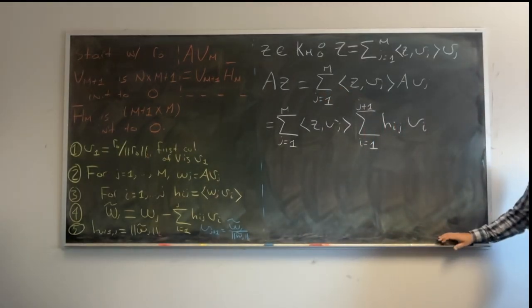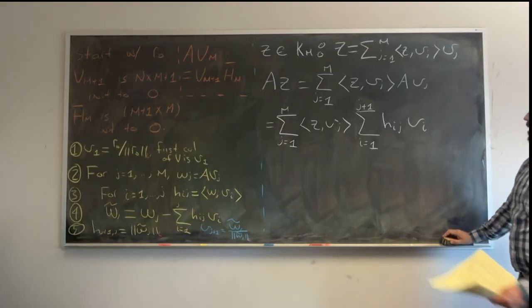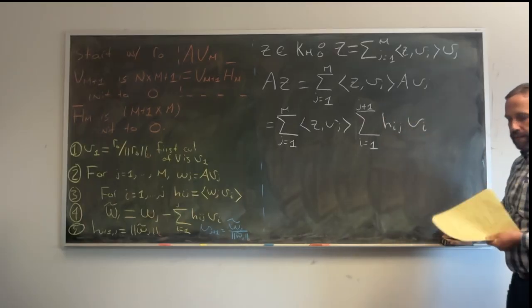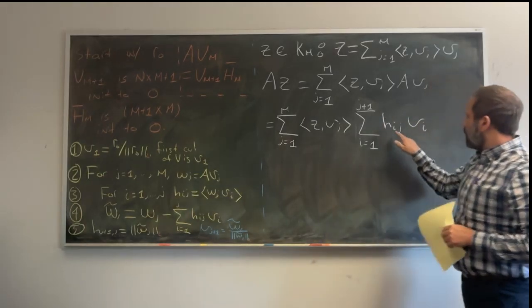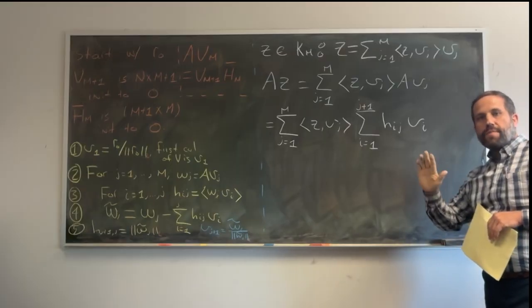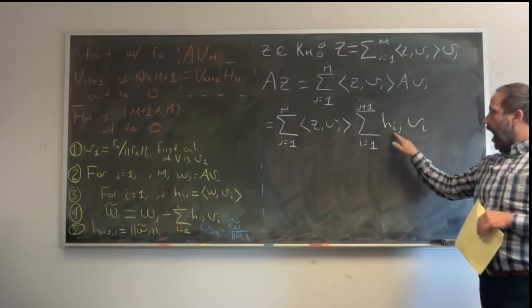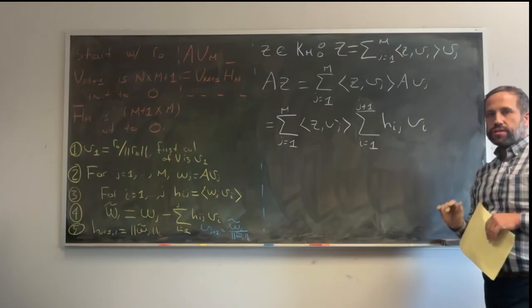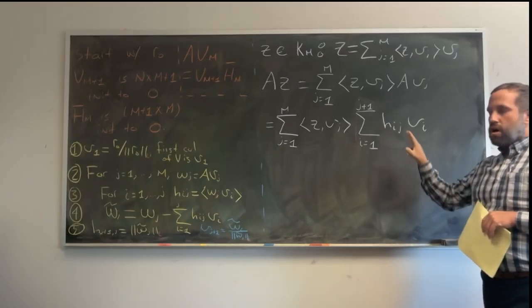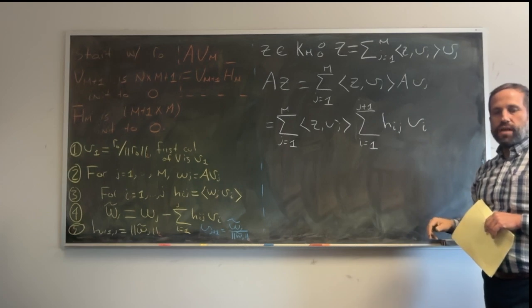Okay, but it actually gets better than this. Let's think about what Hij is for i bigger than j plus 1. Remember, that means we are below the subdiagonal. So actually, Hij is equal to 0 for i bigger than j plus 1.